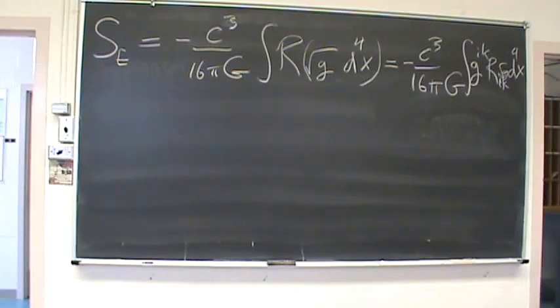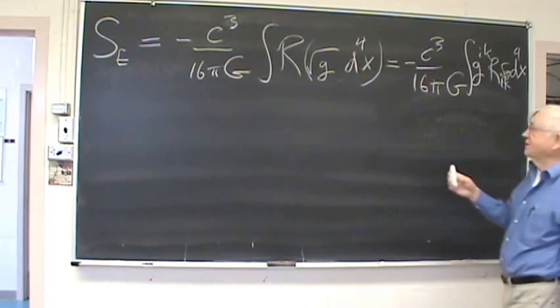Okay. Not c to the fourth. Excuse me? Not c to the fourth. No, it's c cubed. There may have been a typo in the book. Okay, great. There it is. It's c cubed. Well, all right. Let me just explain the subtlety here.